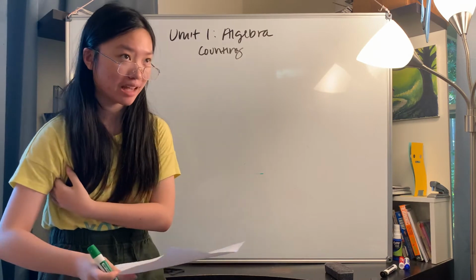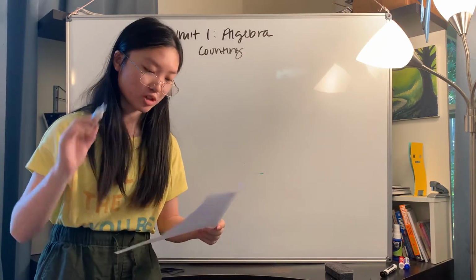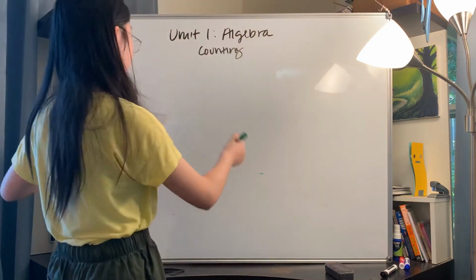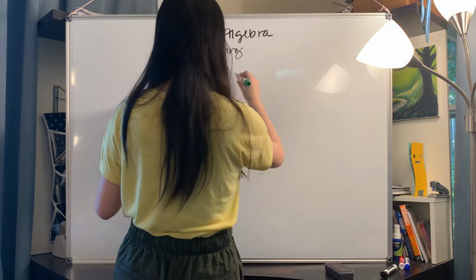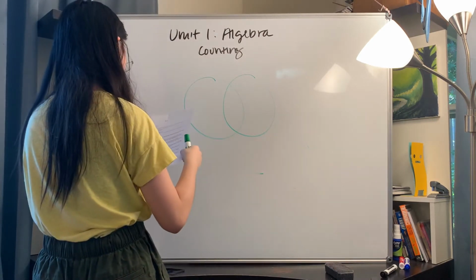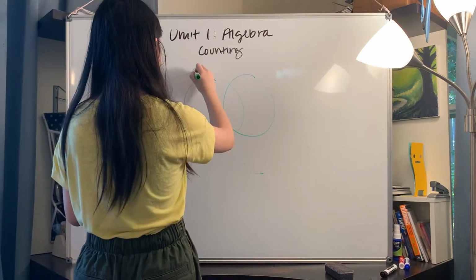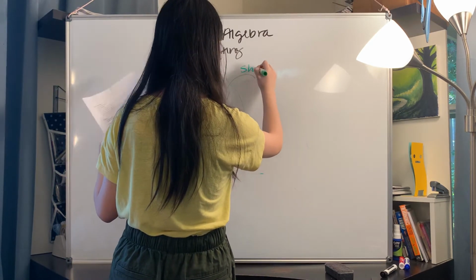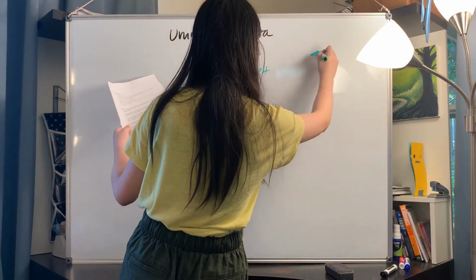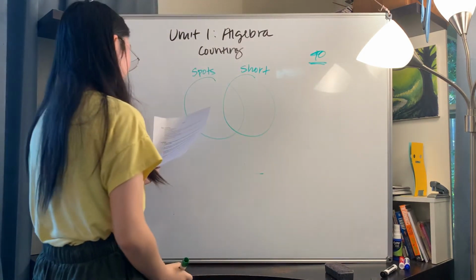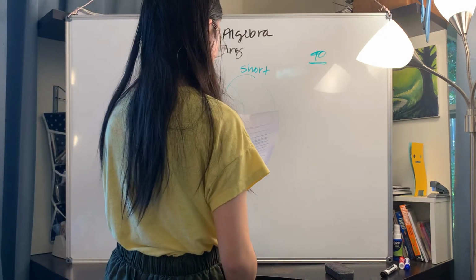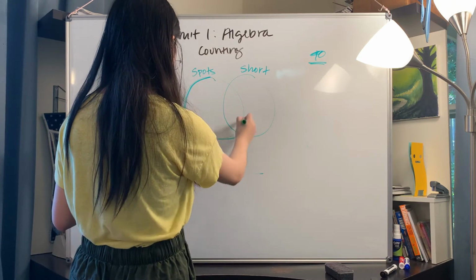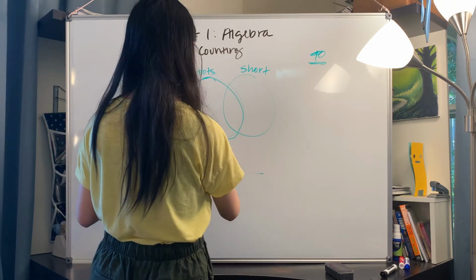Alright, so this time they gave us the total. And we're trying to find the number of dogs in the intersection of the 2 circles. So we have these 2 circles. This one will be a circle for the dogs with spots, and this will be the circle for the dogs with short hair. We know that there is 40 in total. And we know that there are 22 who have spots and 30 dogs who have short hair. So this will add up to 22.